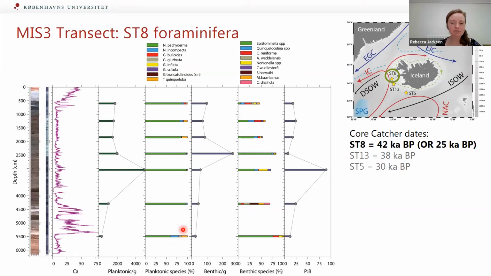Of course, this is only a few samples, but we seem to have some of this Neogloboquadrina... Turborotalita quinqueloba. This is often found at the frontal positions, so maybe we are somewhere in between. Maybe the polar front is around this time, but I'm careful with my interpretations on so few data points so far.